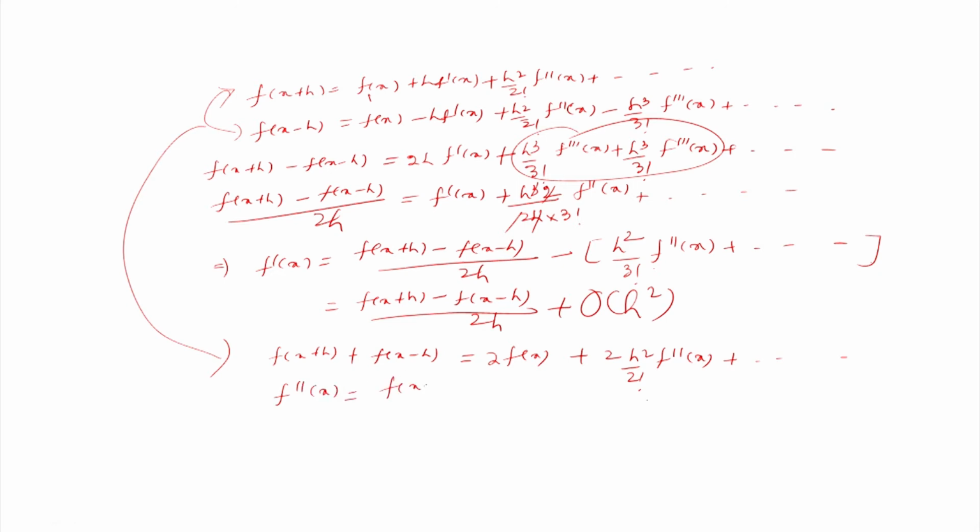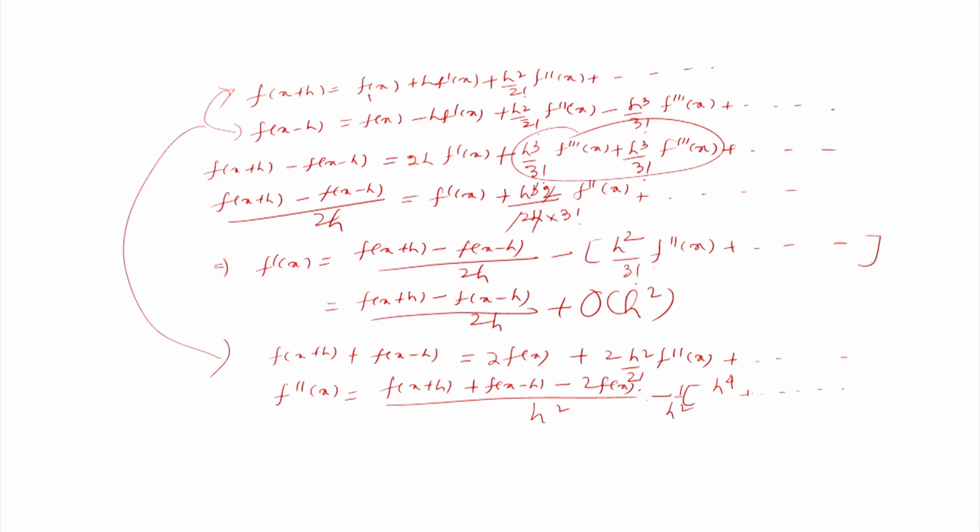So f double dash of x can be written as f of x plus h plus f of x minus h minus 2f of x, divided by h square, minus the higher terms; the third order terms cancel out, and h4 and other terms remain, with 1 by h square.